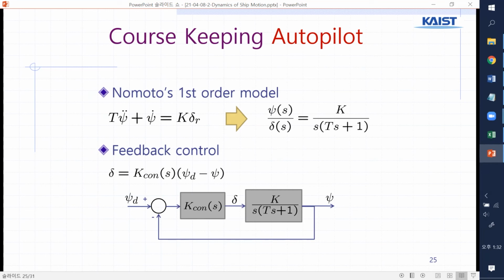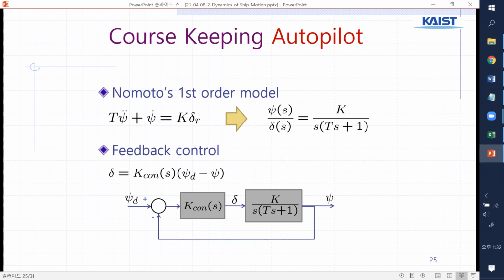Nowadays, cars, automobiles are also trying to adopt this kind of autopilot. It was very popular in airplanes. Now ships also use autopilot, and it is coming into automobiles nowadays.